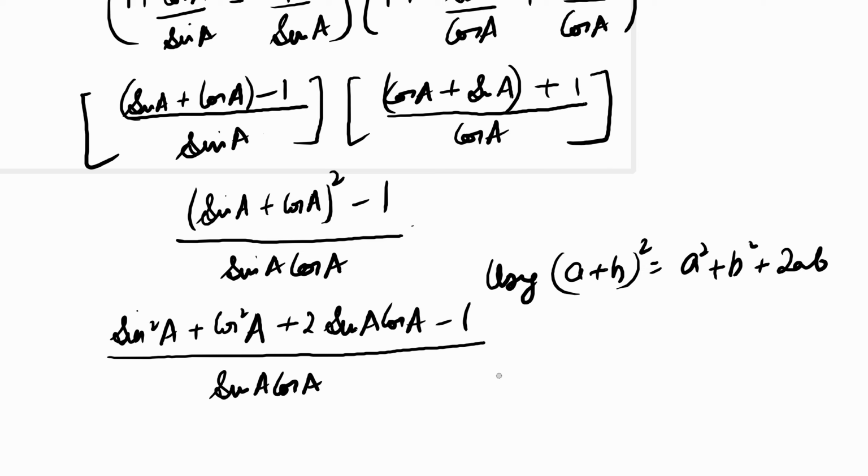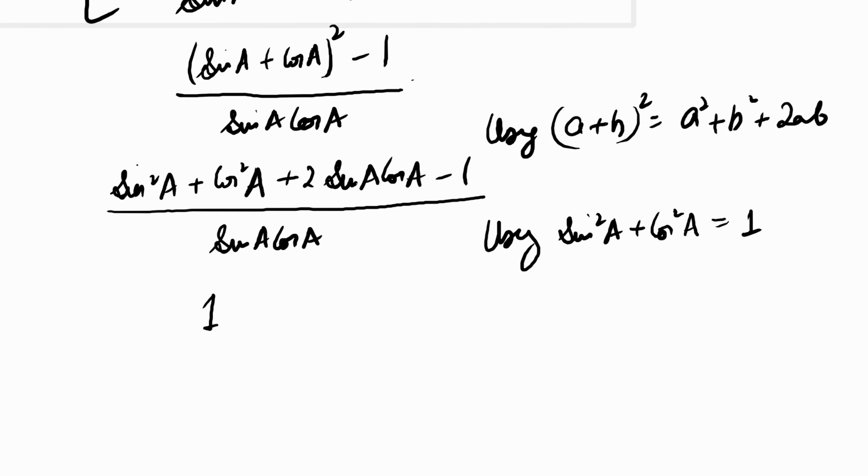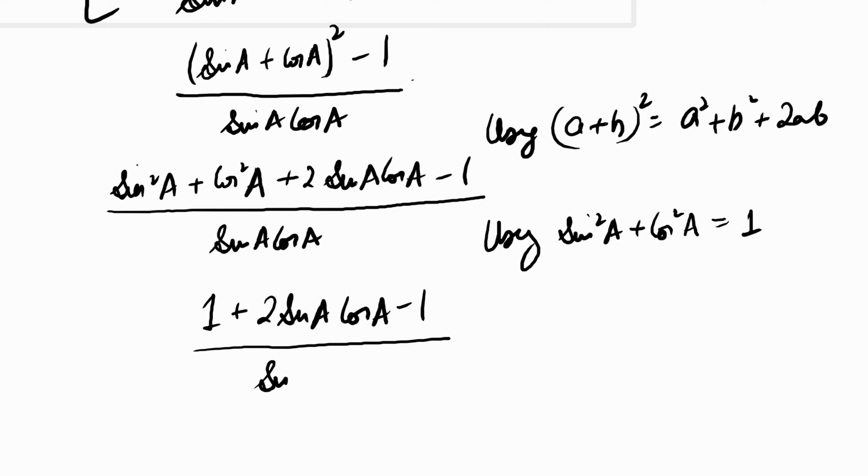What is the identity? Identity is sin square A plus cos square A is equal to 1. So this will become 1 plus 2 sin A cos A minus 1 upon sin A cos A.